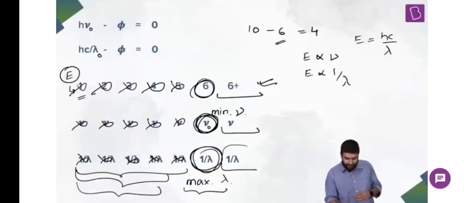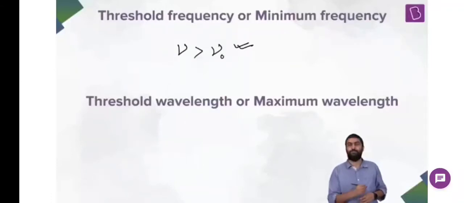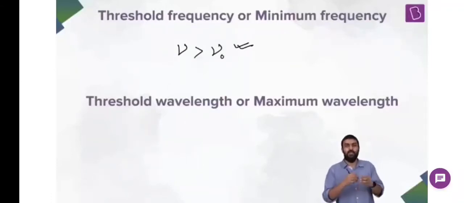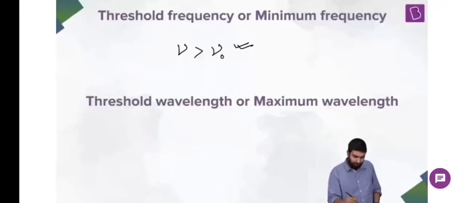So let me re-illustrate what I'm trying to say. For frequency more than the threshold frequency, you will get an emission, because threshold frequency is the minimum frequency for which you get an emission. Now some materials say greater than over here, some materials apply an equal to over here.